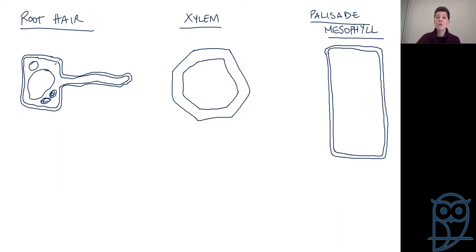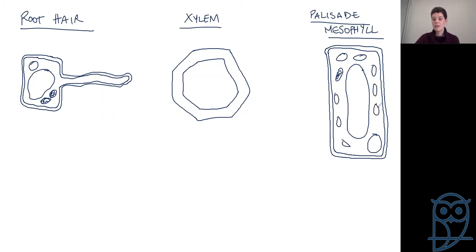Okay, so we have no chloroplasts. Our palisade mesophyll cell, on the other hand, we have our nucleus, we have some mitochondria, and we have a whole lot of chloroplasts. Okay, so these are all chloroplasts.